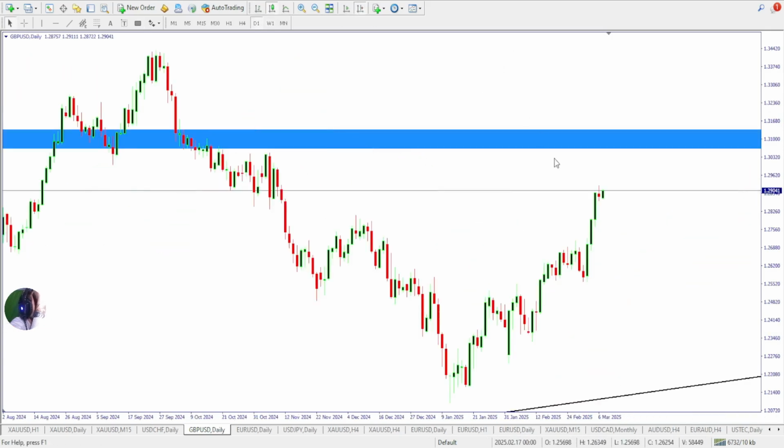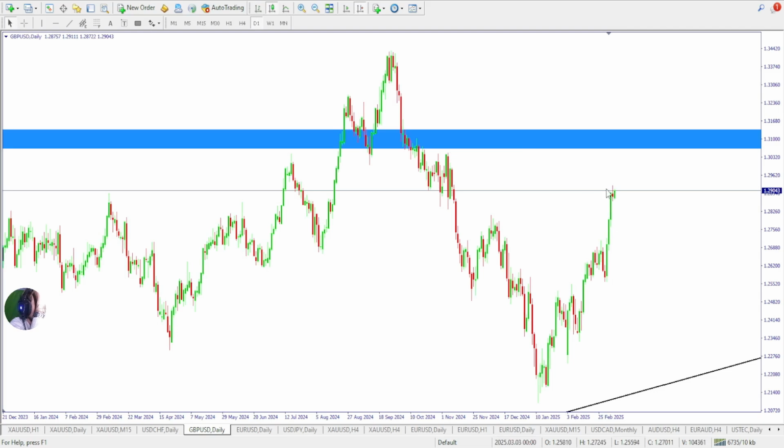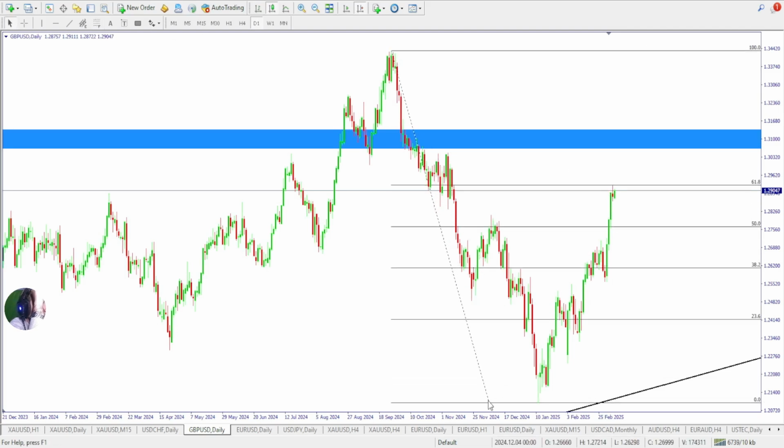So on a daily, this is one level where it is supposed to take a rejection, and if this level doesn't work, then I think the market will definitely be skyrocketing, right? So let's just ignore this head and shoulder pattern and stick with the older plan, because we have booked the profits.